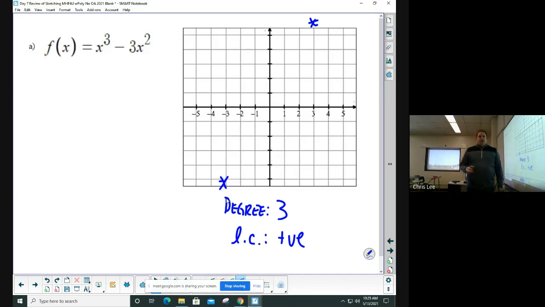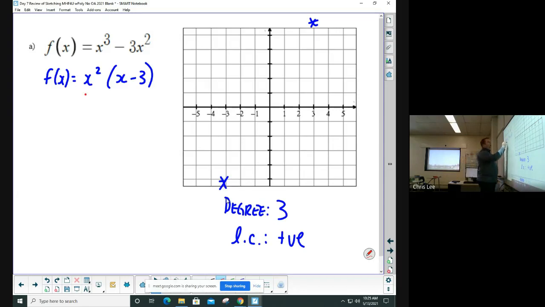In this case, you'll see the easiest type of factoring is always look for a common factor. And I see x squared as a common factor. And when we factor, then we can find the roots.